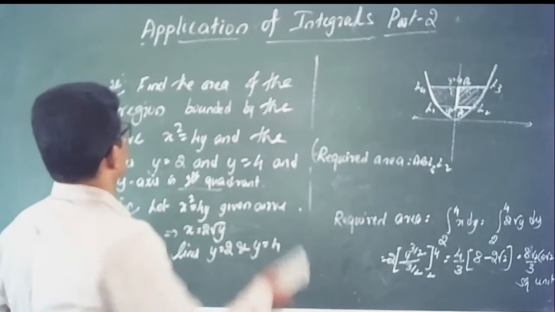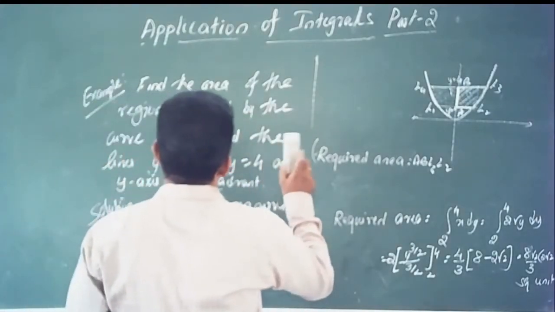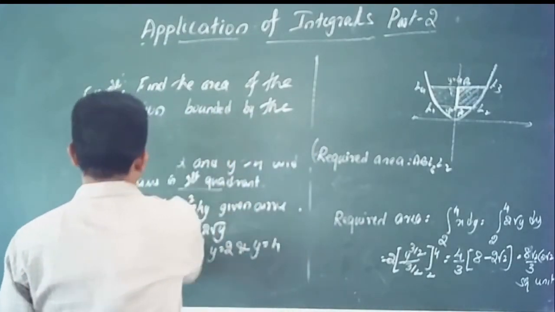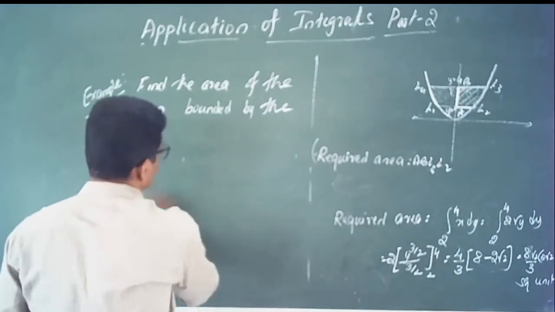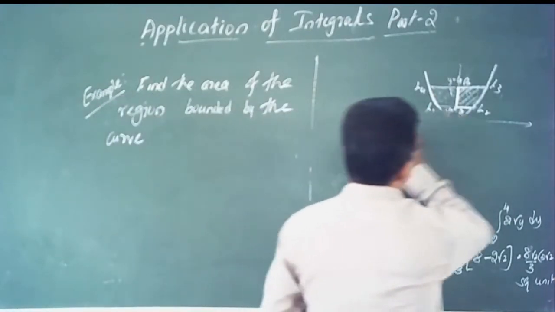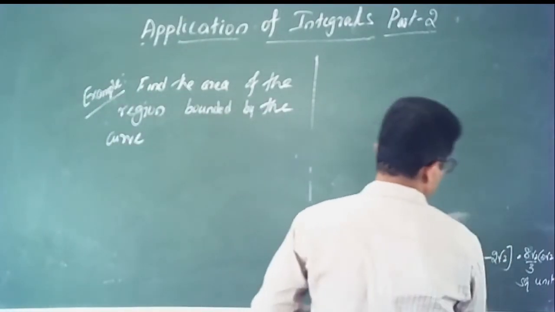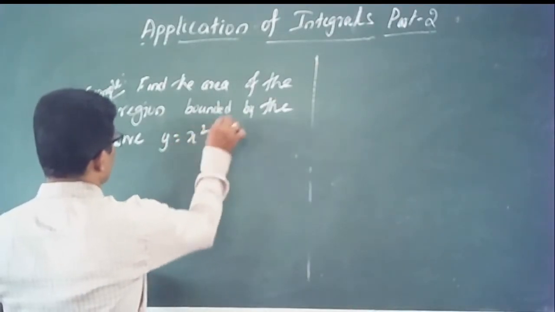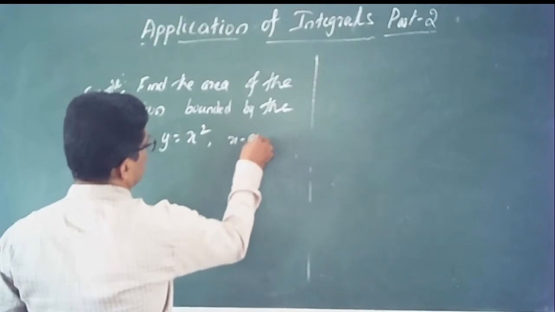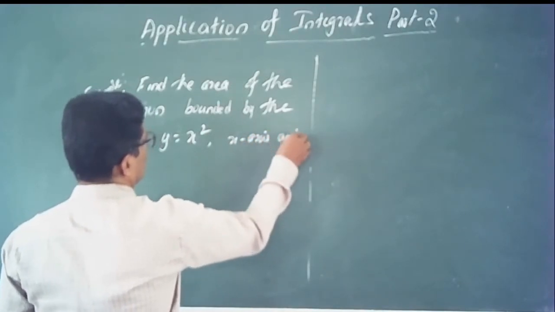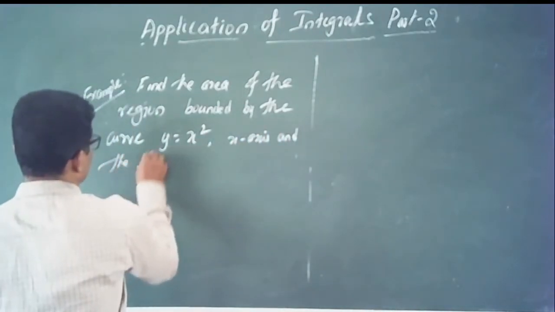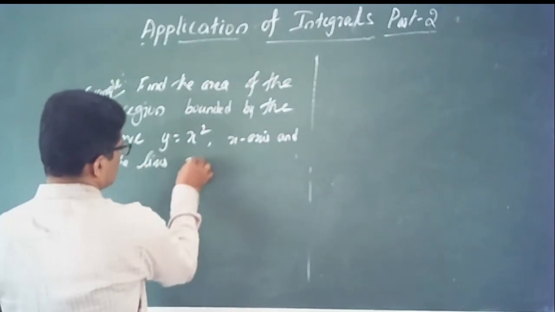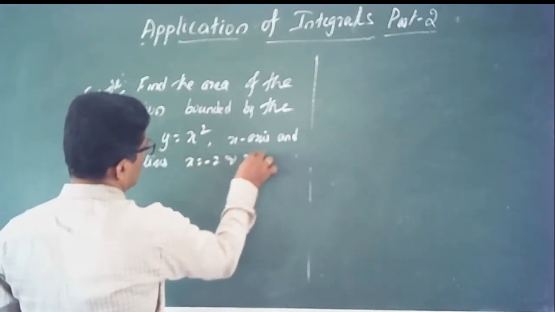The next example. Find the area of the regions bounded by the curve y is equal to x square, x-axis and the lines x equal to minus 2 and x is equal to 1.